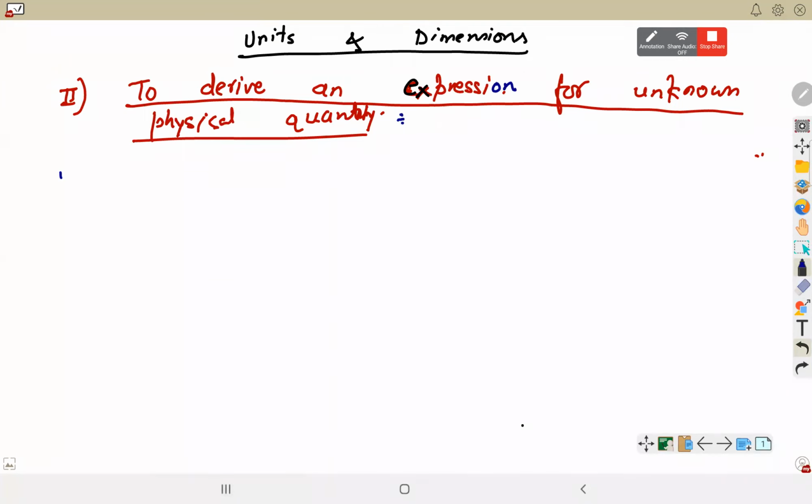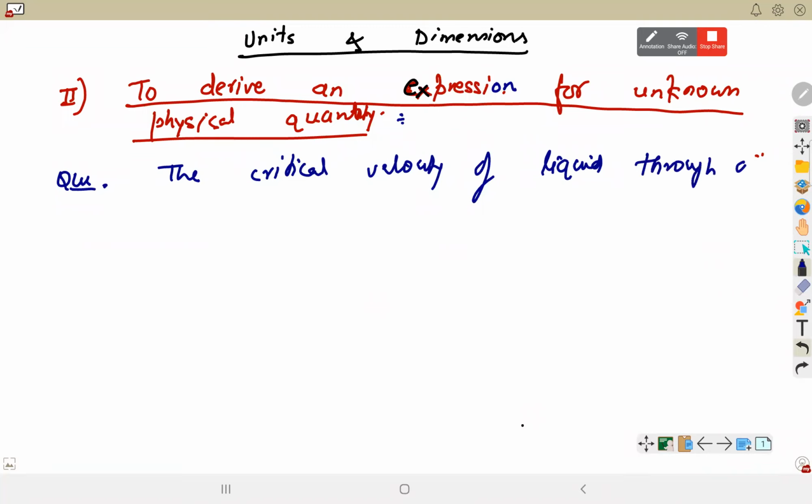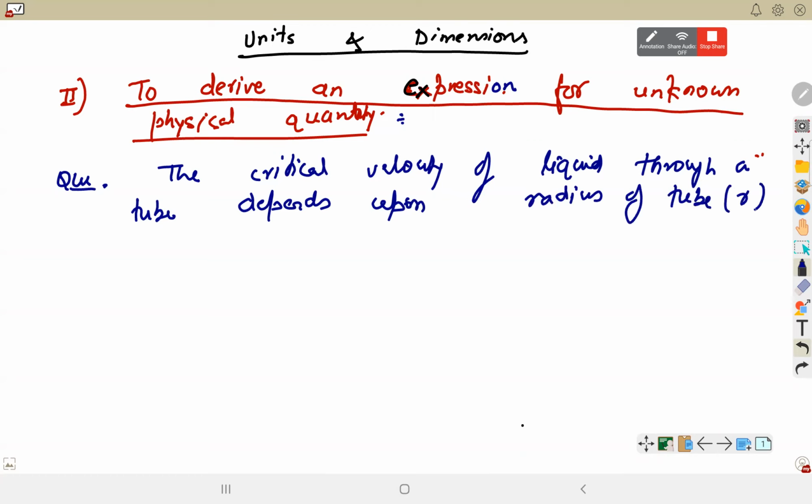This is the critical velocity of the liquid. All of you have to solve this question. The critical velocity of a viscous liquid through a tube depends upon the radius of tube r, density of the liquid rho, and coefficient of viscosity eta.